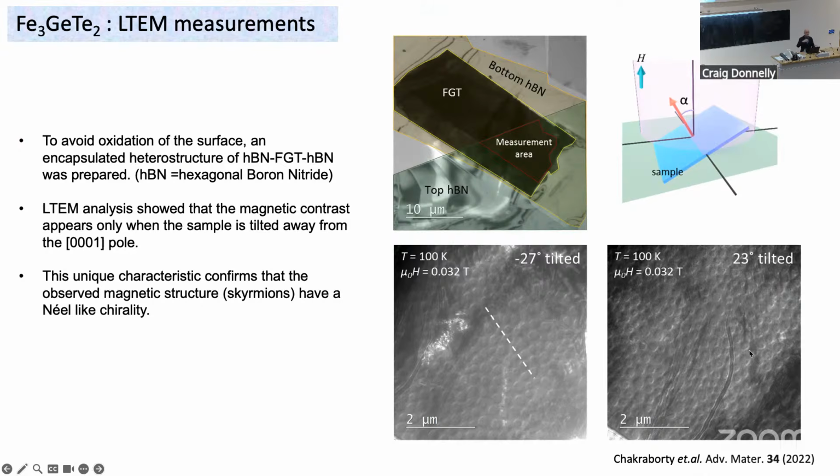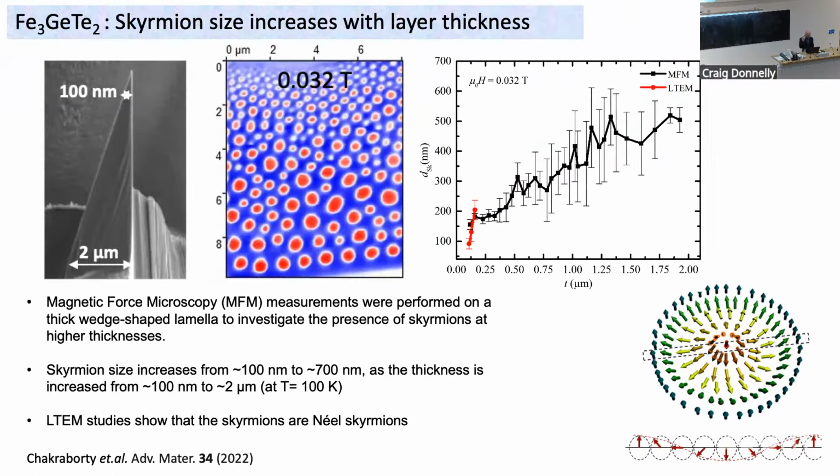And we know that they're nail-like because we only see any contrast if we tilt the sample with respect to the incoming beam. Anyway, this is a technical detail, but we can clearly see these beautiful skyrmionic objects which should not exist because this nominally is a centrosymmetric material. So that's a surprise. So why is this?